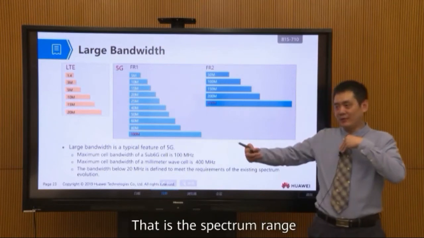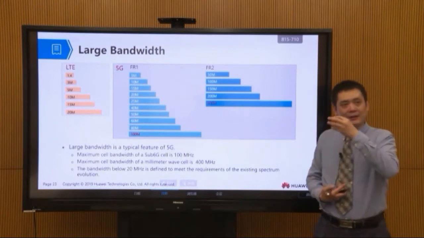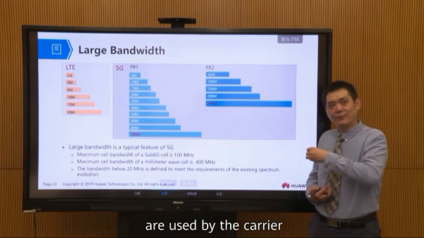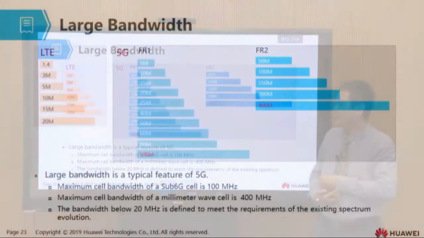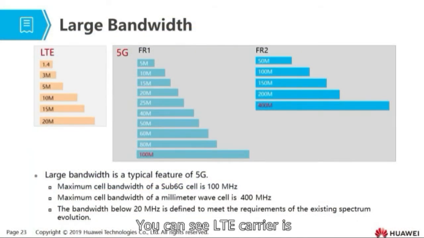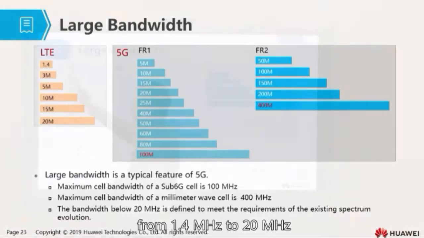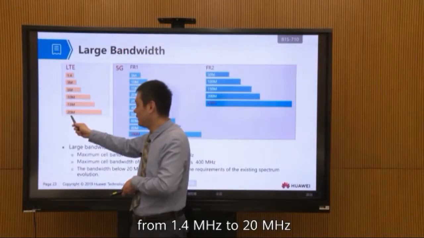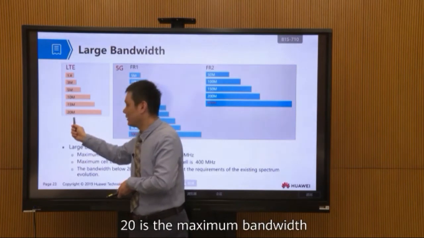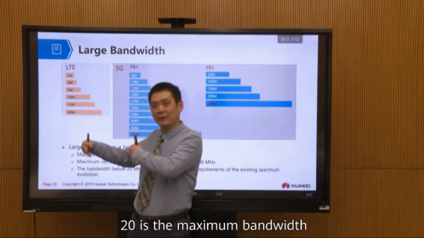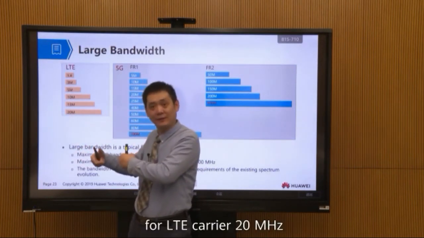That is the spectrum range, and those spectrum ranges are used by the carrier. You can see the LTE carrier is from 1.4 megahertz to 20 megahertz. 20 is the maximum bandwidth for an LTE carrier.